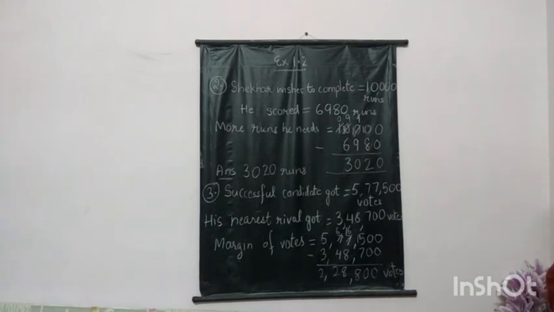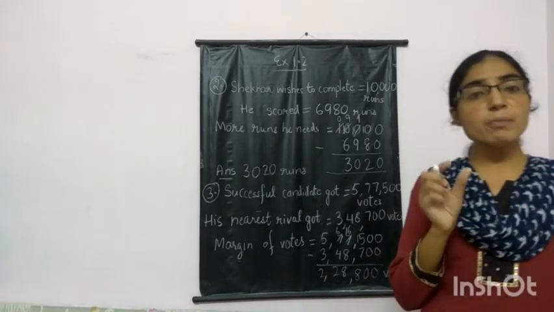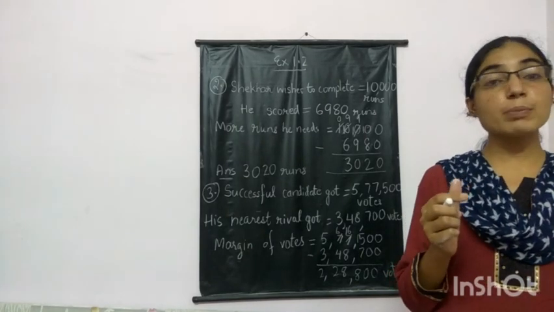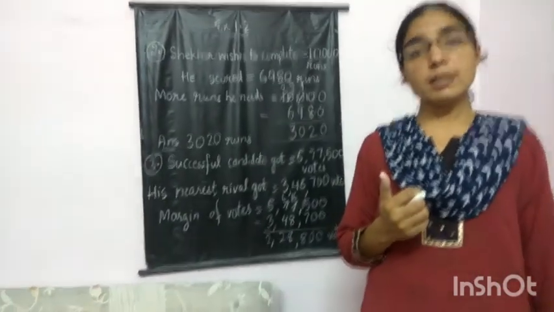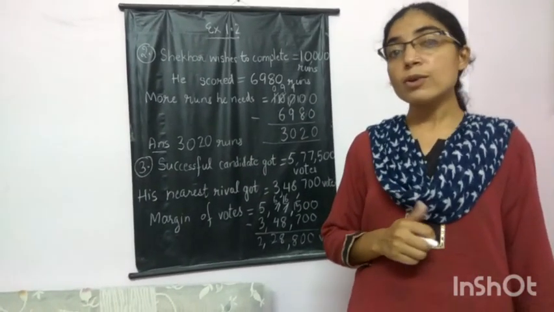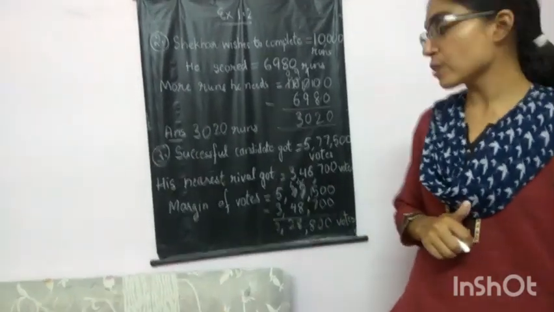You have to see the numbers and decide whether the sale was greater in first week or second week. Then you have to tell and by how much. So you have to also tell that in which week was sale greater and by how much. To find that how much sale was greater in that particular week, you need to find the difference of the sale. So I hope you will be able to do next question.